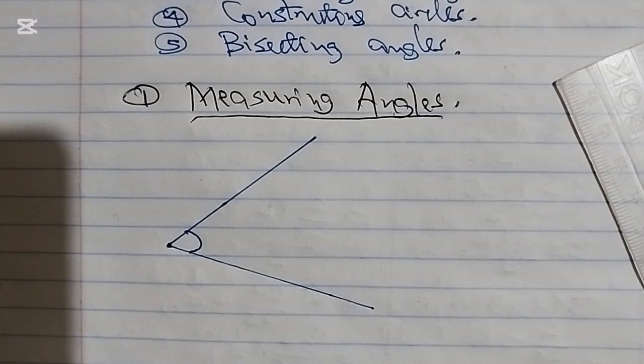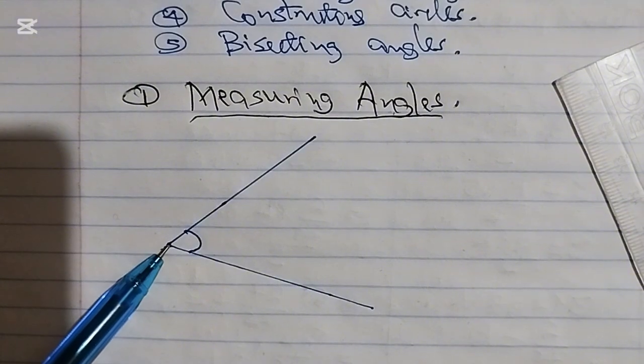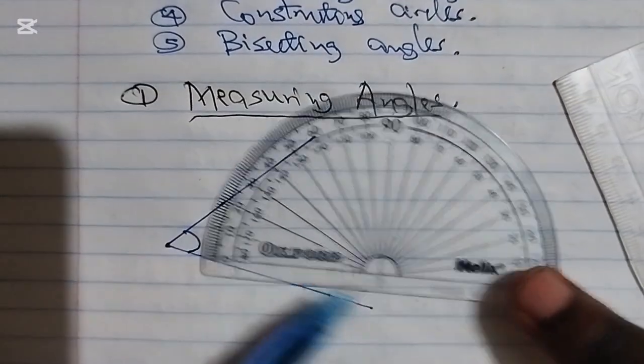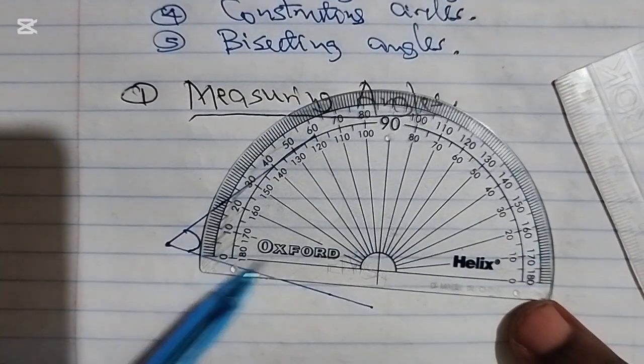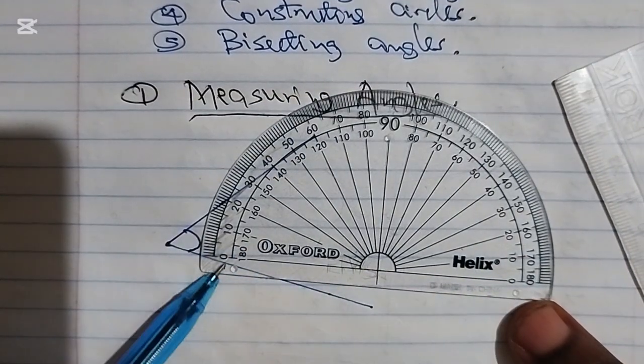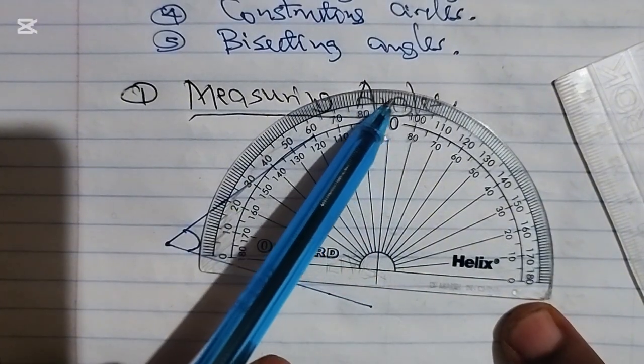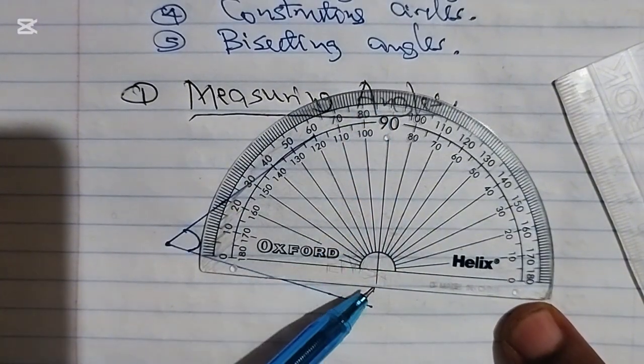You can see your angle has been joined. The 2 lines have intersected at this point. When you take your protractor, you have this line from 0 to 0 here. This line here is called the baseline of a protractor. Then we have this vertical line from 90 degrees down here.